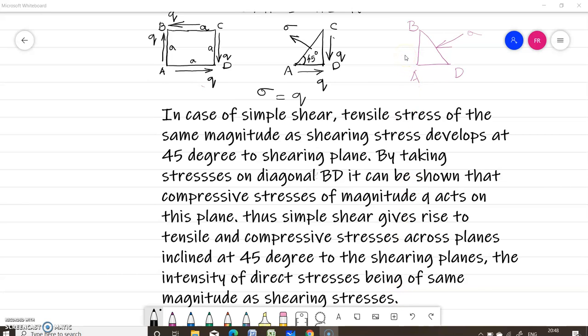So in planes inclined at 45 degrees to the shearing plane, there will be normal stress, and the magnitude of this normal stress will be equal to the shearing stress. In the case of diagonal AC, it is a tensile stress sigma is equal to q, and in diagonal BD, it will be a compressive stress sigma is equal to q.